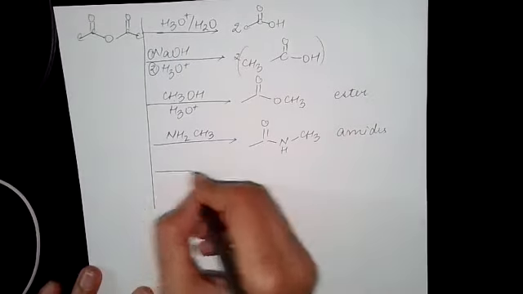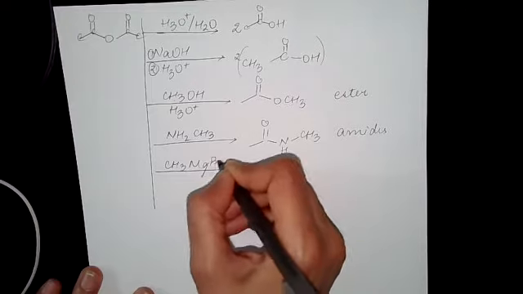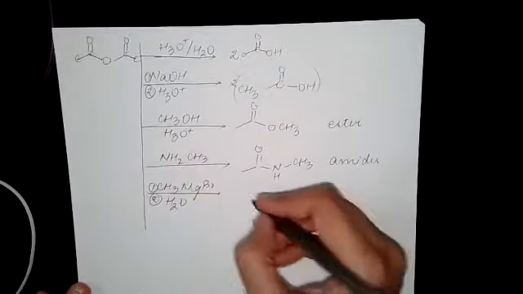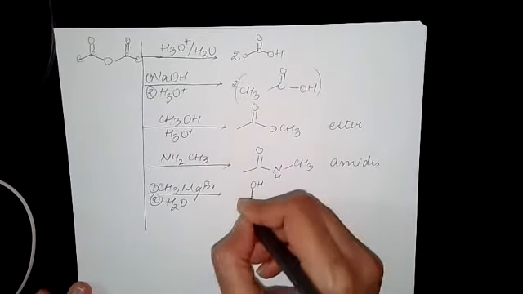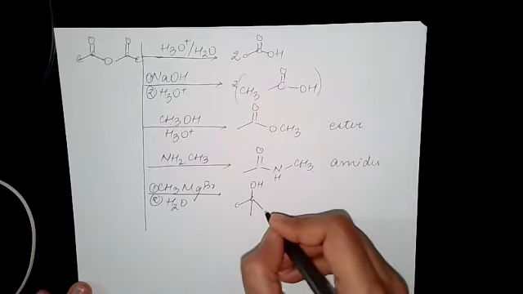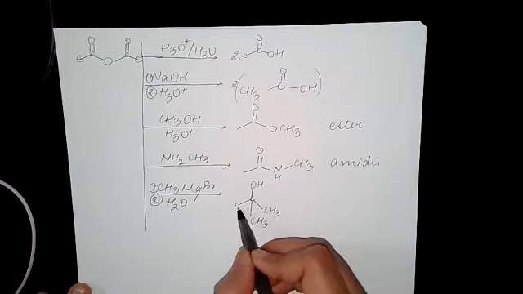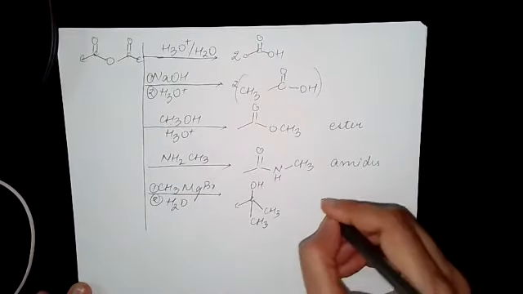In the presence of Grignards, we will get our tertiary alcohol. 1, 2, CH3, CH3. So these 2 are from the starting material and these 2 come from here.